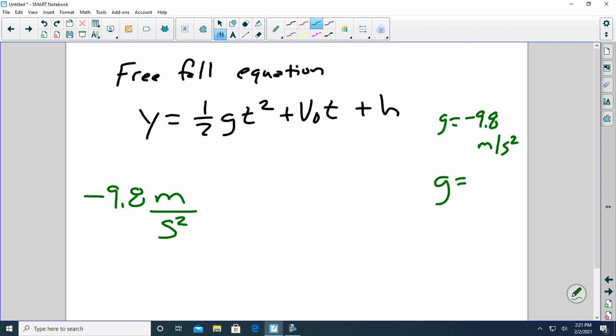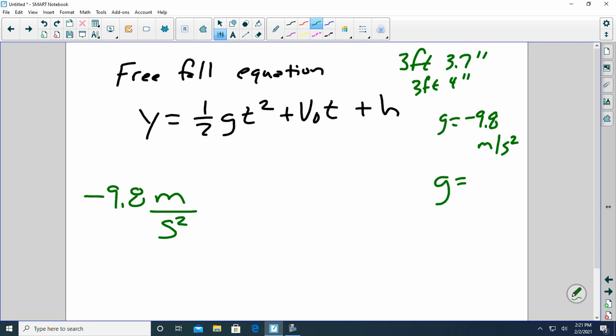We're doing dimensional analysis. How many feet are in a meter? 3 feet, 3.7 inches? Is that what you said? Okay, so 3 feet, 4 inches.